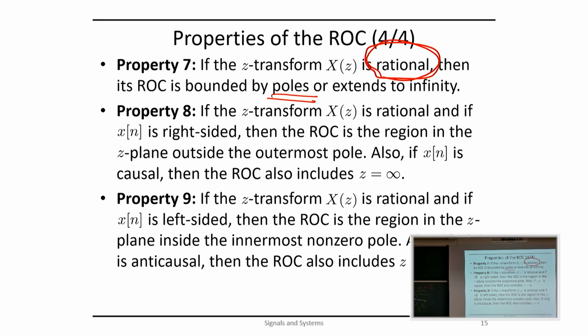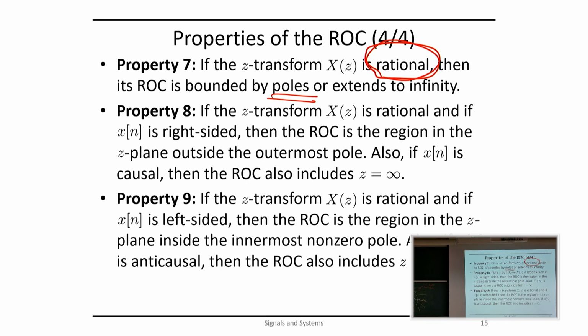It has to be extended to a pole. So this is the same as in the continuous time case as well. Vice versa, if you're looking at a rational and left-sided signal, then it must be an interior extended to the pole.